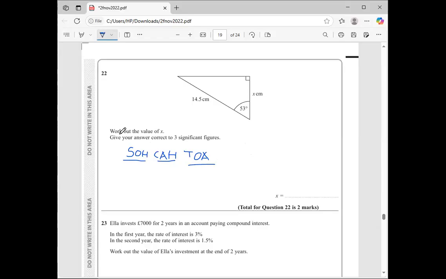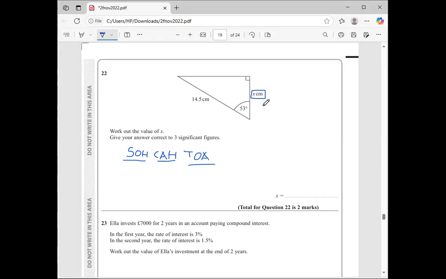Now, why did I get SOHCAHTOA out? Because they said we should find the value of X. And what is X? X is the side that's right there. X is one of the sides. Is it in terms of either opposite or adjacent? How do I know X can never be the hypotenuse?